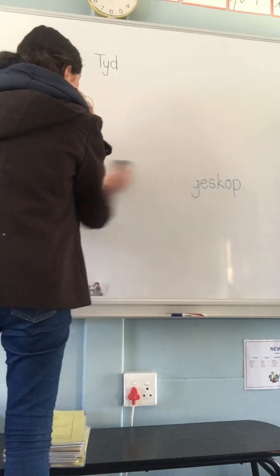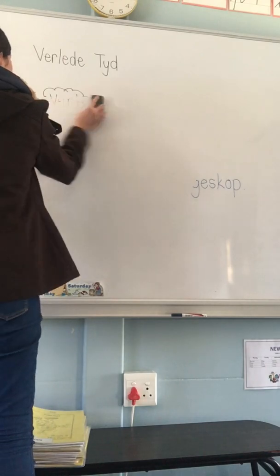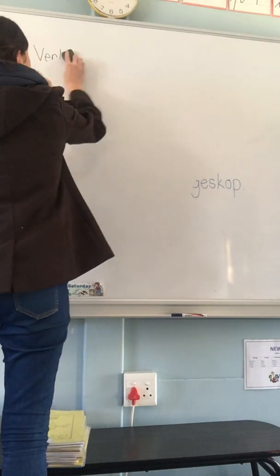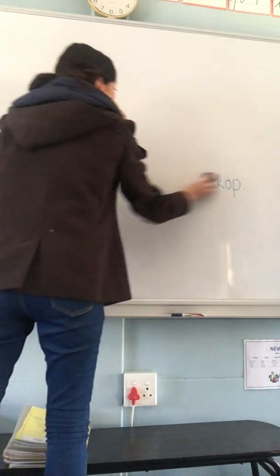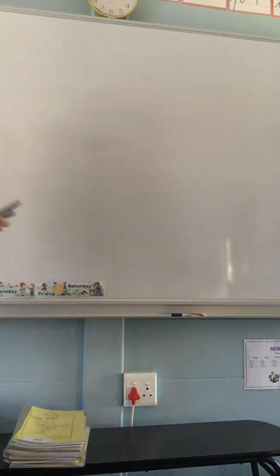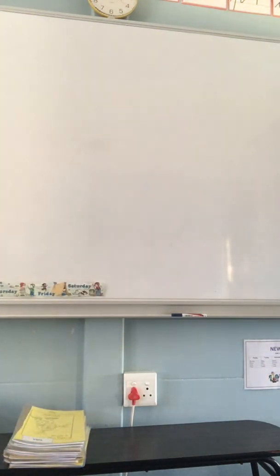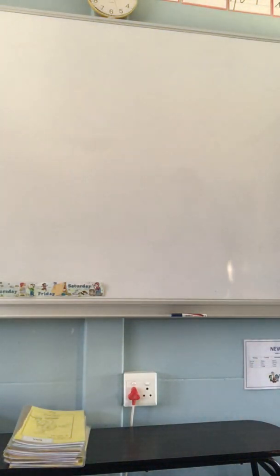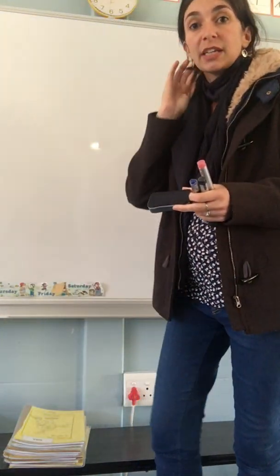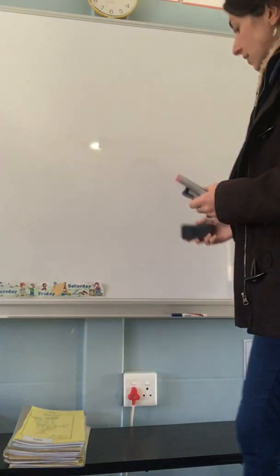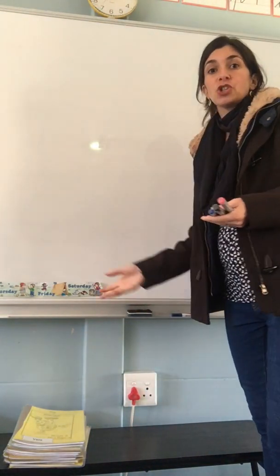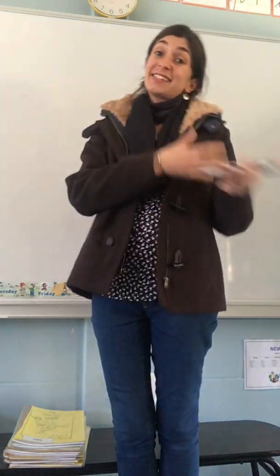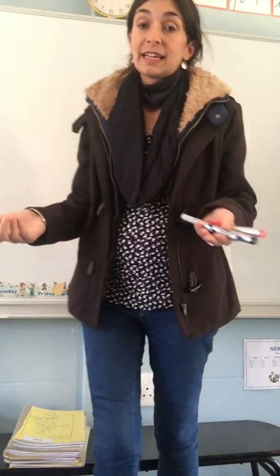Now in your work pack, or you can also find this in your Afrikaans textbook, you will find the following page. And there's an example which is coming up on the screen now. And then you are going to need to continue and change into the past. So, yesterday, okay, gister.